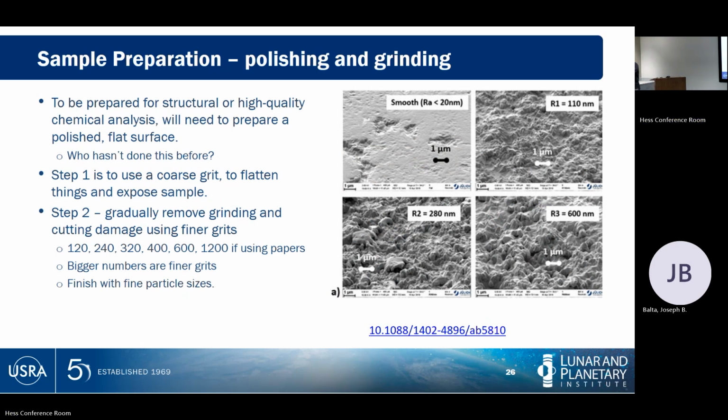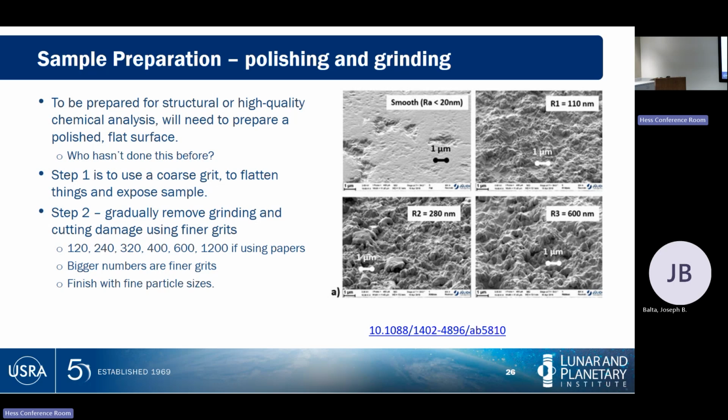Now, we take our rough sample, cut into it, and want to make sure we have a relatively smooth surface, because if this is the surface I've cut into, it's still pretty rough. If I try to do an EDS analysis right there, I'm not going to get a signal. And if I'm trying to do backscattered imaging, I have the same problem. I can't actually see anything because the surface is too rough.